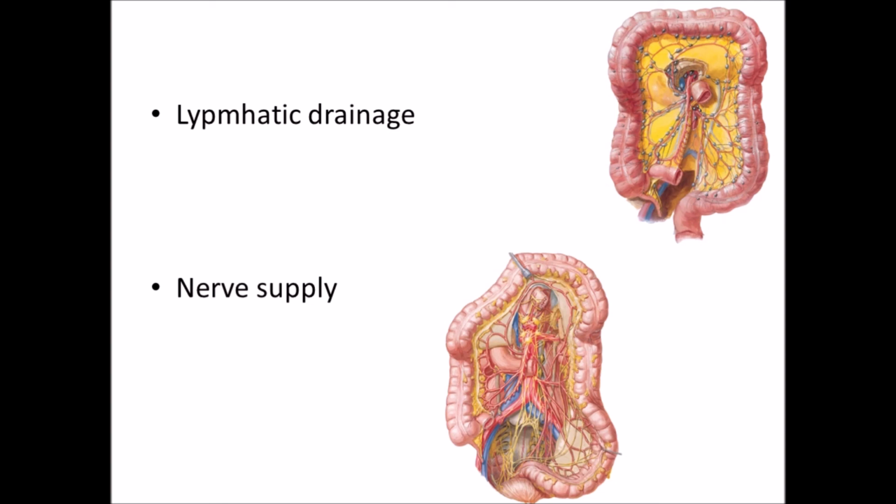The sympathetic fibers are derived from superior mesenteric plexus and the preganglionic fibers are derived from T10 spinal segment. This explains why the inflammation of appendix is referred to the umbilical region. The parasympathetic fibers are derived from both the vagus nerves.